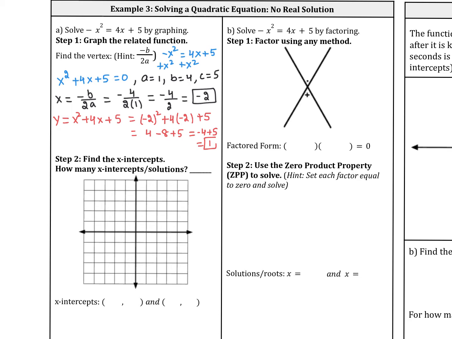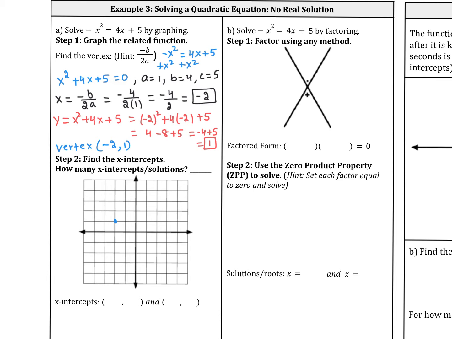So the y value is 1. It means that your vertex is going to be negative 2 comma 1. So if you find the vertex negative 2 comma 1, that is this point right here.